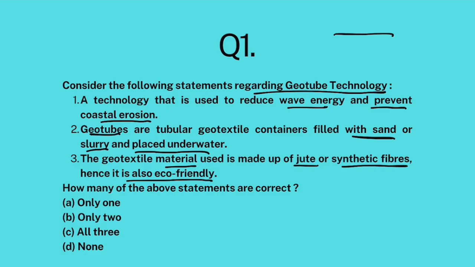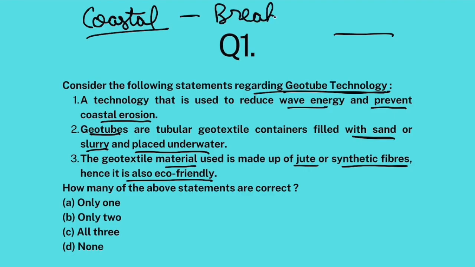Okay, so the thing is that geotube technology is basically a technology in which hollow tubes are placed around coastal waters. They are placed in coastal regions, and these hollow tubes filled with material basically act as breakwaters in the coastal region. The problem is some coastal regions are vulnerable to very strong waves.